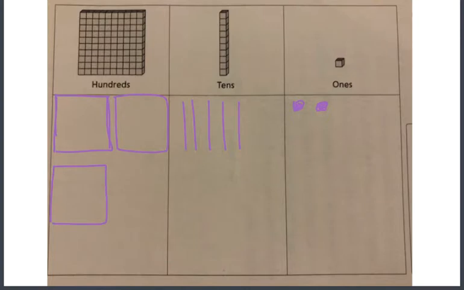Here I have a place value mat with a collection of blocks, and the collection of blocks represents a number. How many hundreds are in this number? There are 3 hundreds. 1, 2, 3.